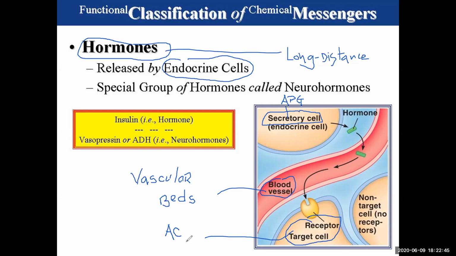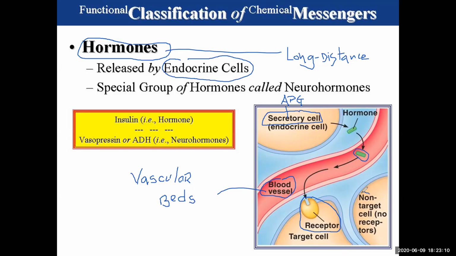Same thing. In order for the cell to respond, it needs to have a receptor, right? It takes two to tango here. If the target cell doesn't have the receptor, then the cell will not respond. So that receptor is required. Cells with a receptor will respond to the chemical messenger.